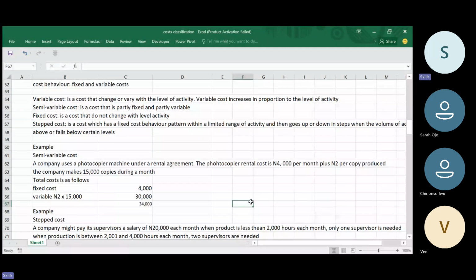So this is an example of semi-variable cost.